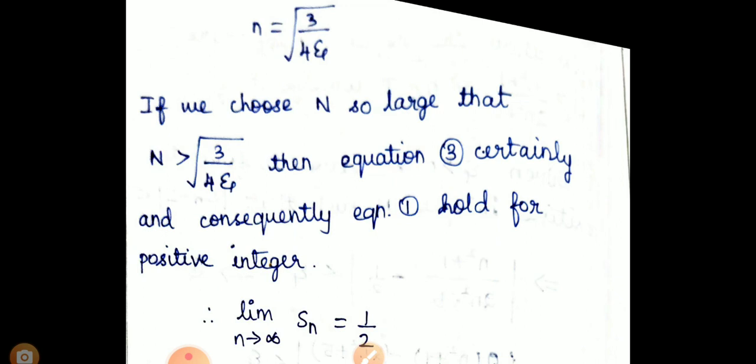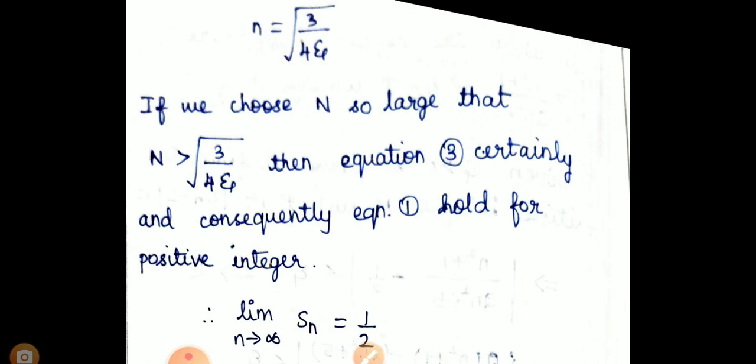Now if we choose capital N as a positive integer, a very large number, then capital N should be greater than root of 3 by 4 epsilon. We know the condition that small n is greater than or equal to capital N. Always small n should be greater than or equal to capital N. So equation 3 as well as equation 1 hold for the positive integer capital N. Therefore, the limit as n tends to infinity of Sn equals 1 by 2.